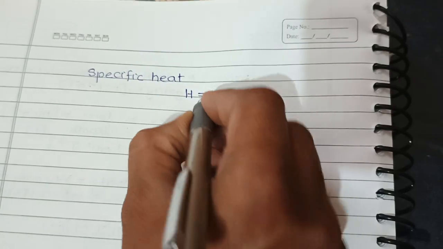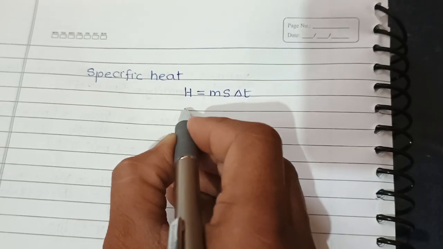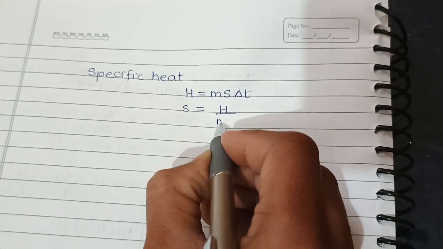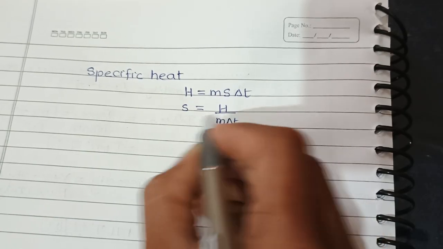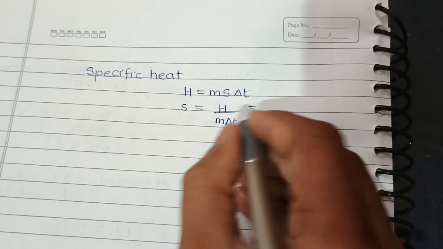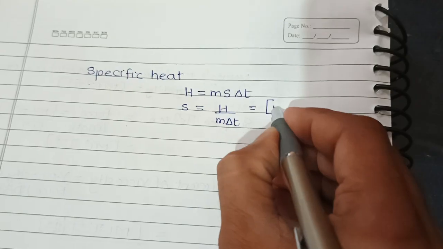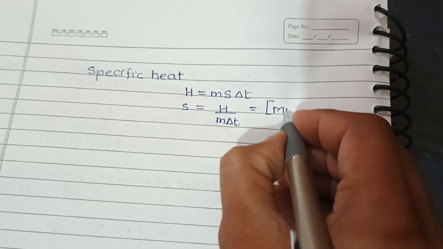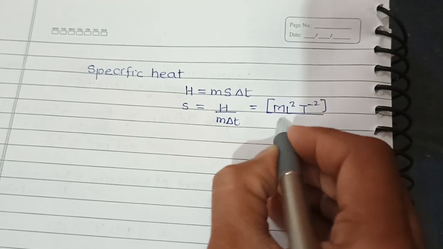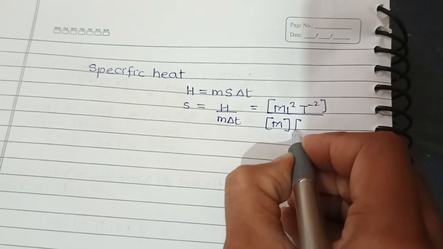H equal to m s delta T, तो S equal to H upon m delta T. S is specific heat and this is heat, so the dimension of heat is same because it is a part of energy, it's a type of energy, so that is M L square T minus 2, and this is mass and it is theta.